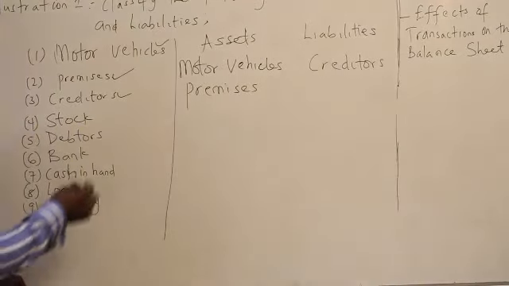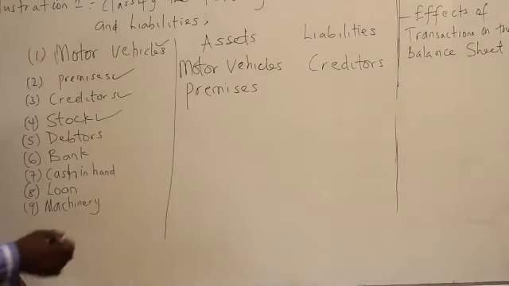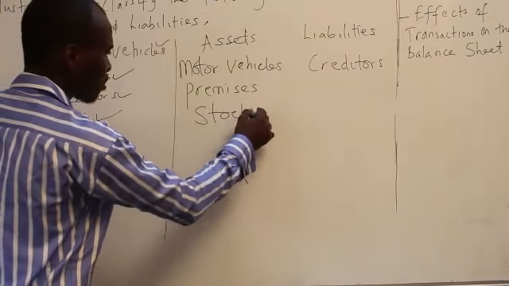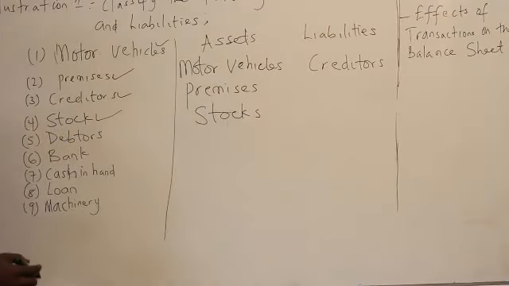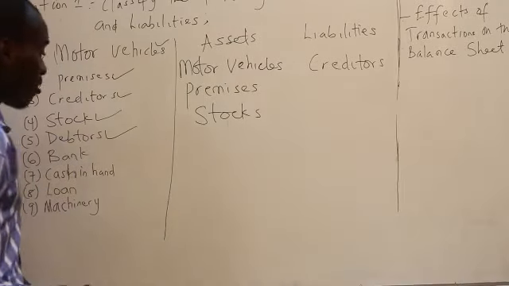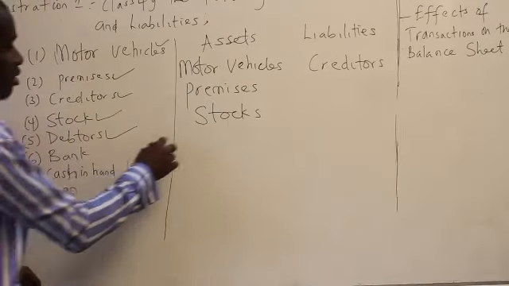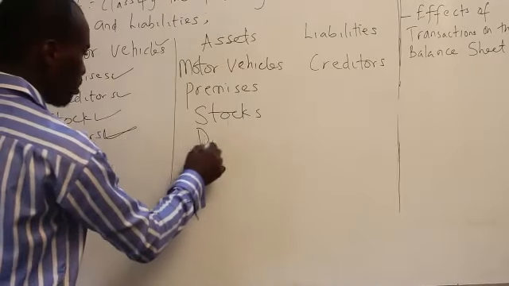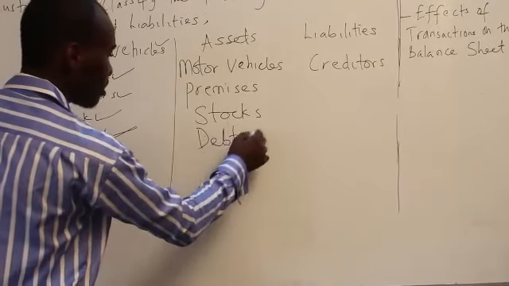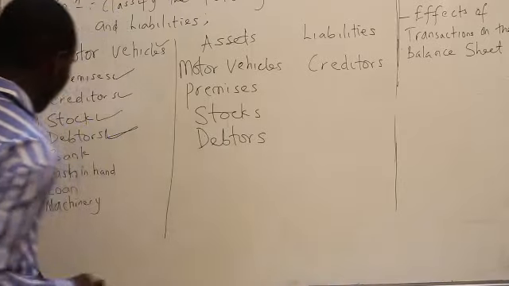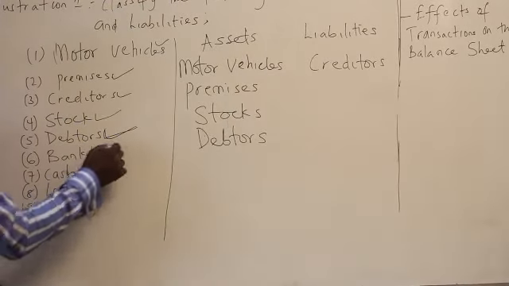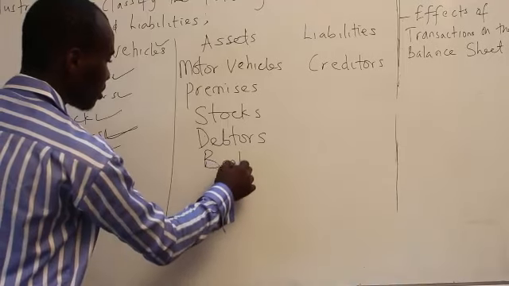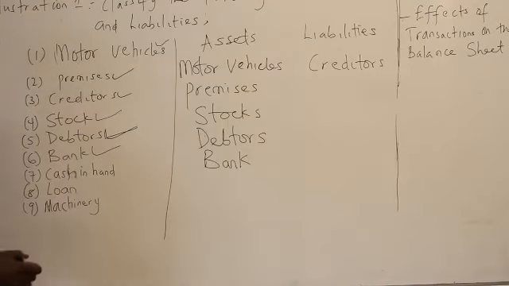Creditors. Stock of goods, that shows the property of the business. Debtors, money owed by outsiders to the business. These are the debtors. Amounts owed by the outsider to the business. Bank, an amount of money in the bank, also forms the property of the business.